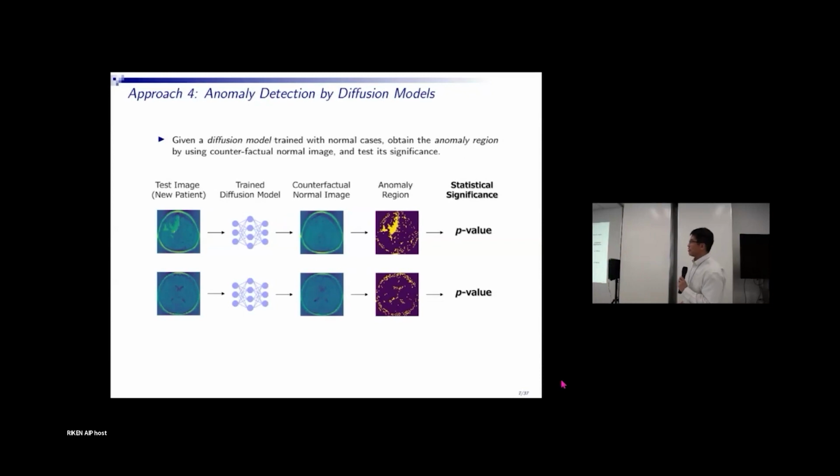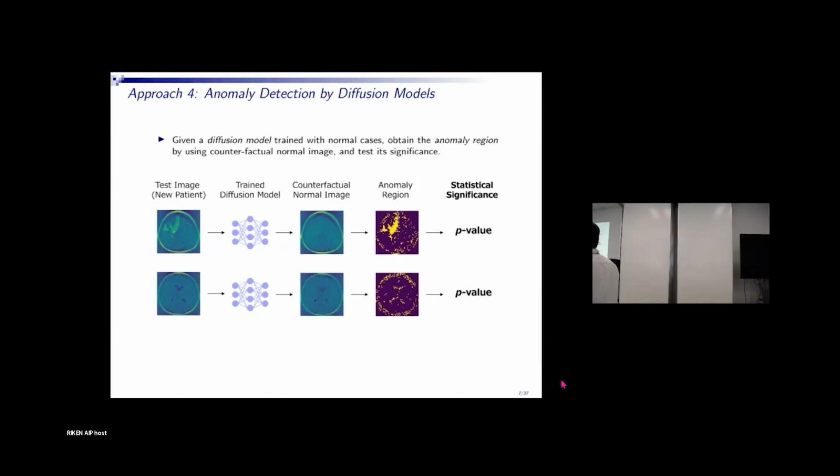The fourth one is anomaly detection by diffusion model. Suppose that we already trained a diffusion model only using normal cases. So therefore, the diffusion model will produce normal image only. So if we provide this brain image that contains tumor, it will generate a corresponding normal image.